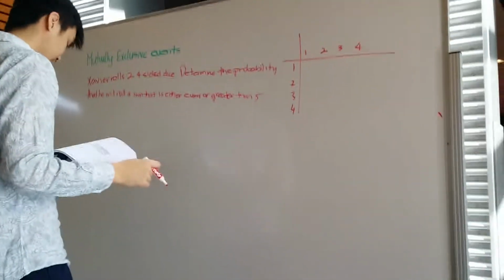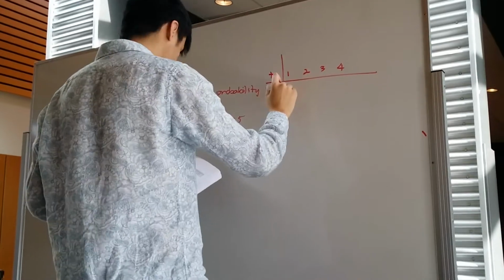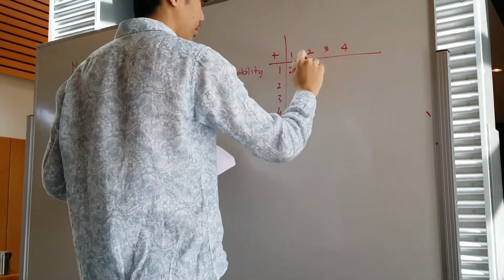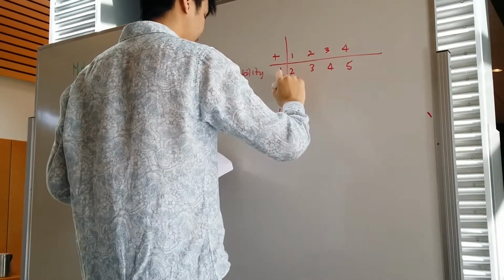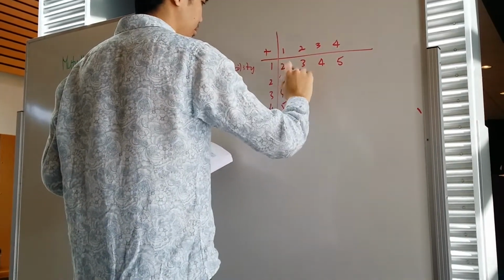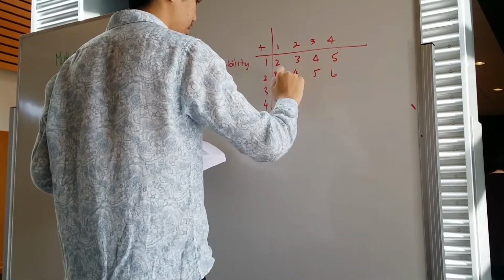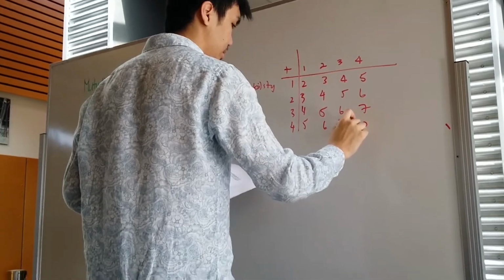So 1 plus 1 is 2, 3, 4, 5. 1 plus 2, 3. 1 plus 3, 4. 1 plus 4 is 5. 2 plus 2 is 4. 6, 5, 6, 7, 6, 7, and 8.